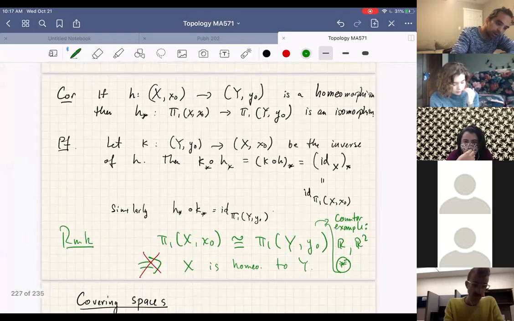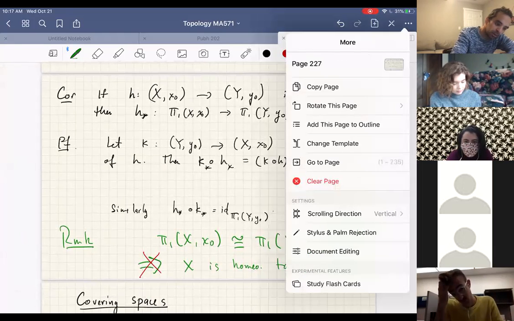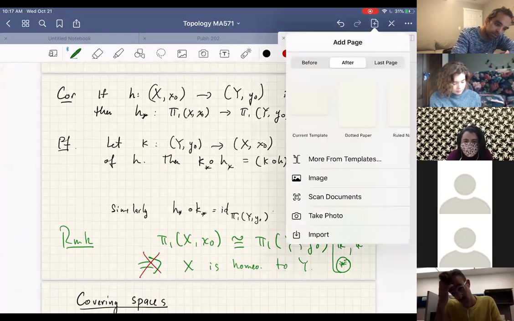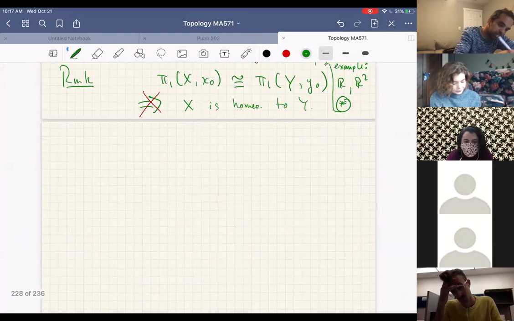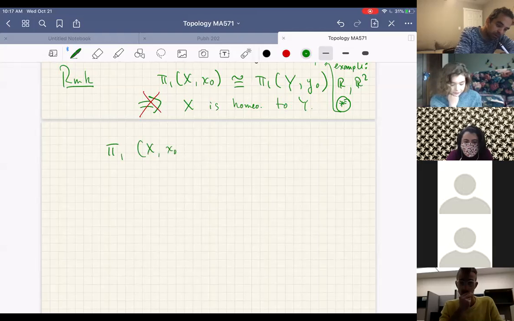How do I add a page? So why are we using pi1? So there are other groups you can associate to a space. Are you asking why pi? Because it looks like a projection map.